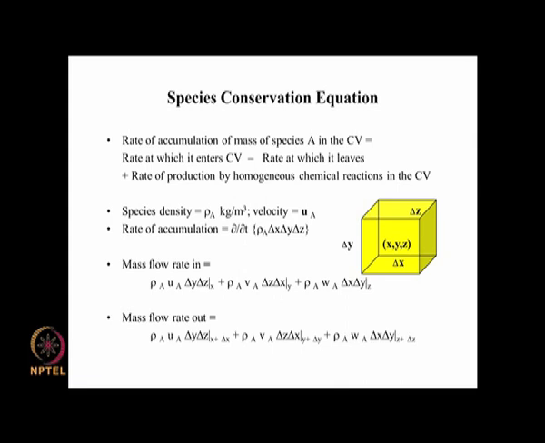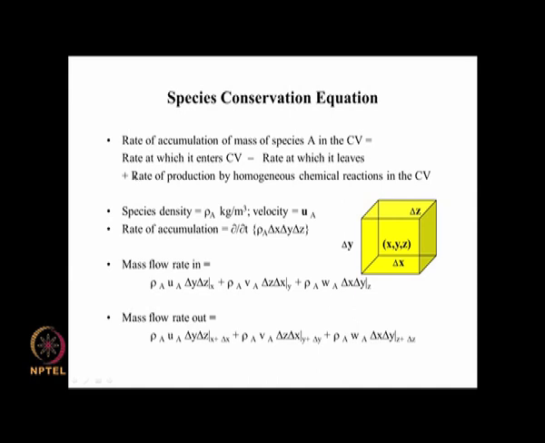Because of its concentration and because of the presence of other species, species A can be either produced or destroyed, used up, because of chemical reaction, and this chemical reaction is happening as a homogeneous chemical reaction, that is in the same phase, either within the liquid or within the gas, within the fluid that we are considering here, and it is happening everywhere. So, that rate of production is what is considered here.